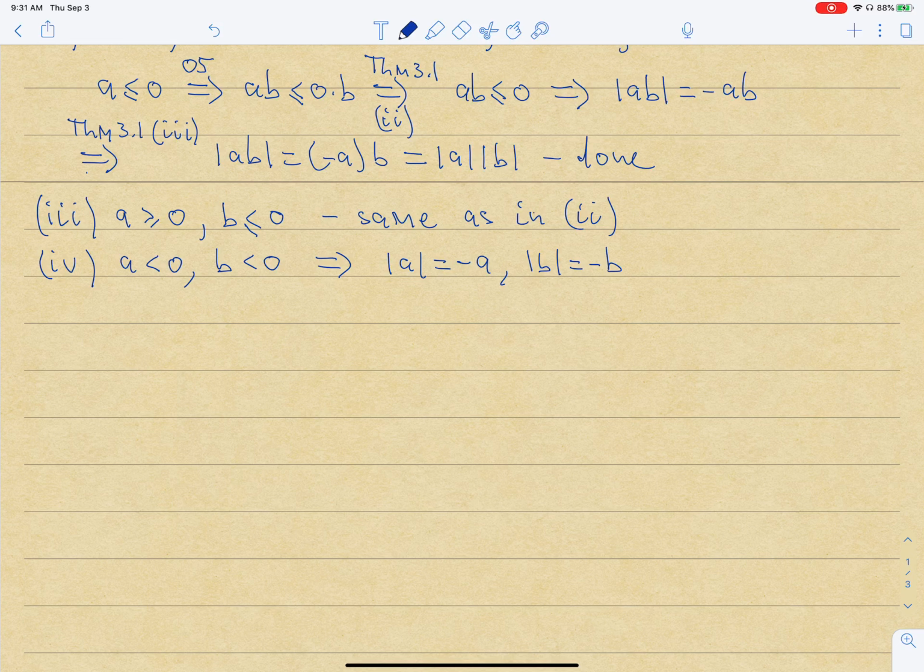So then what can we say about AB? So I'm going to consider AB. So the question is, is AB positive or is AB negative?